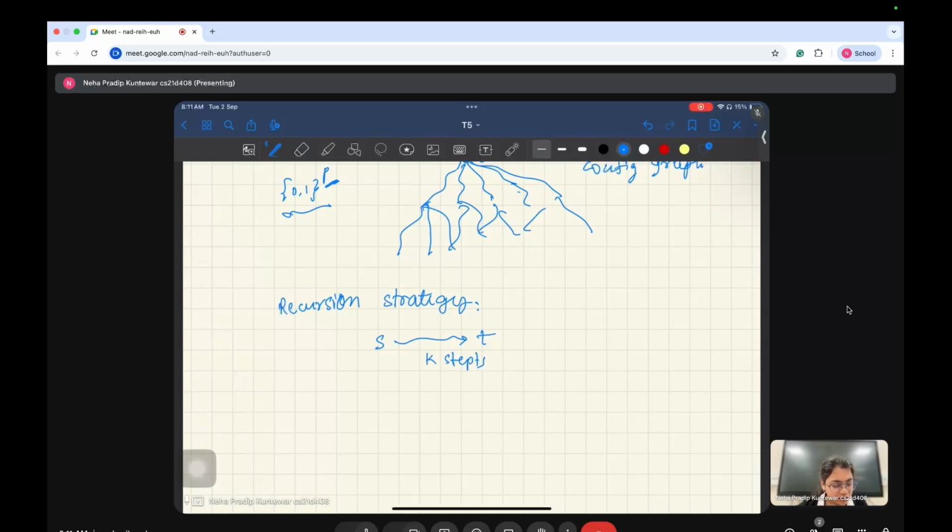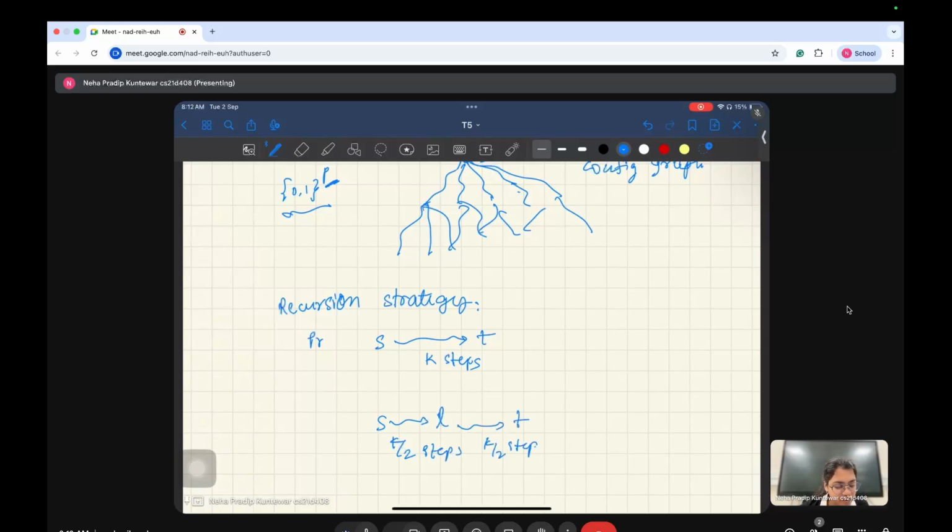Then you're going to sum over the probability, so you want to find out this probability. There must be some way that you go from S to a configuration, say L, in k/2 steps, and from L to T in k/2 steps.